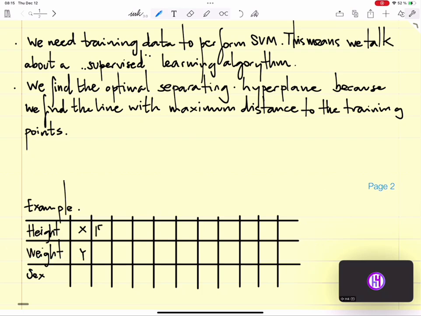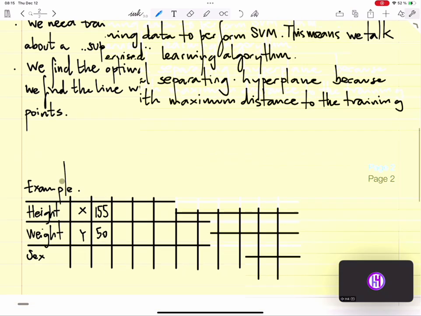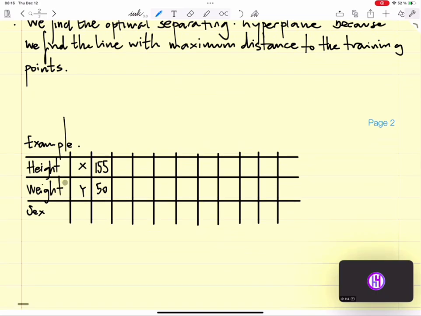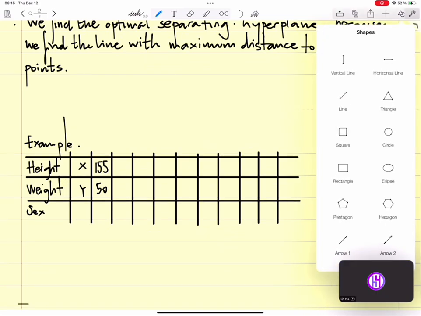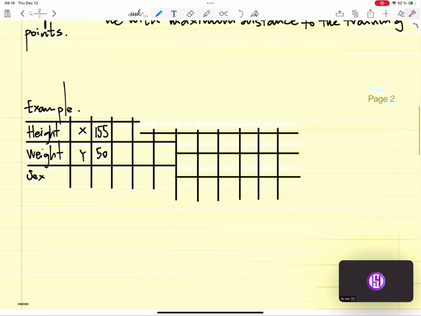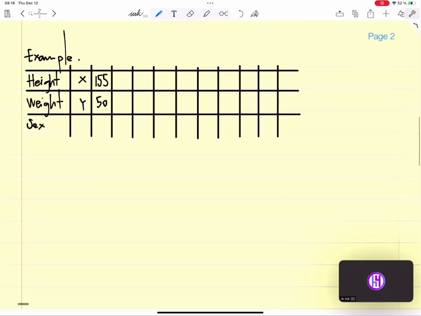The first data point is 155, 50, which would yield into some graphic like this. I'll paint it while I get the data.